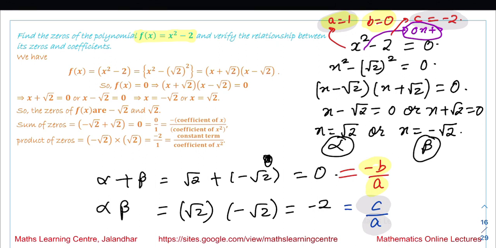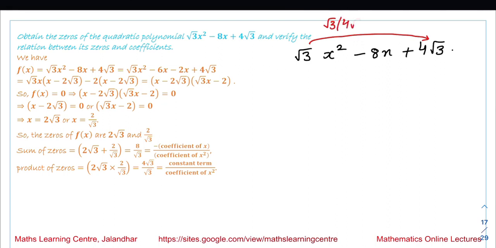Next is obtain the zeros of the quadratic polynomial. The polynomial that is given to us is root 3x square minus 8x plus 4 root 3. If we look at the product of these two values, it is root 3 into 4 root 3, that is equal to 4 into 3 is equal to 12.